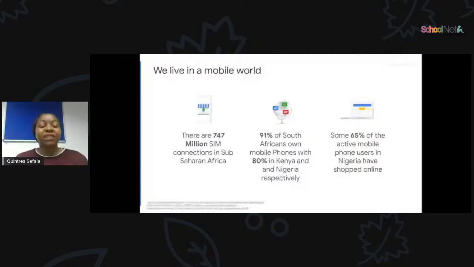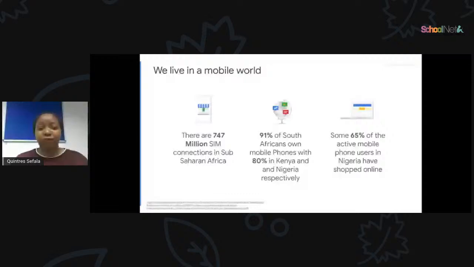But we live in a mobile world. We live in a world that has changed the way we behave. E-commerce has accelerated. Mobile has particularly been changing how we behave, how humans view knowledge, more than ever before.